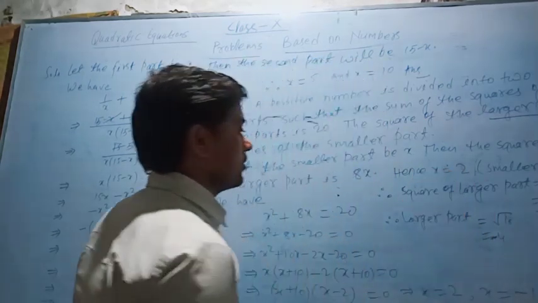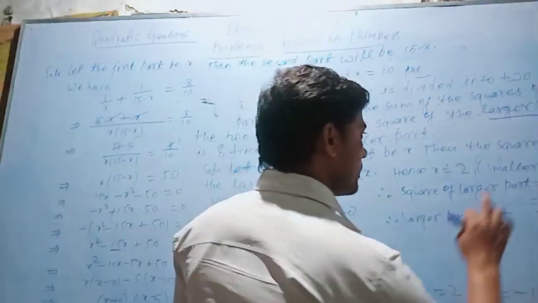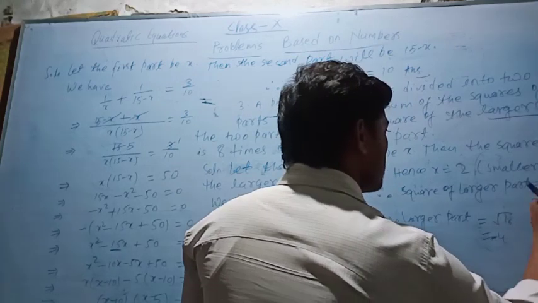So the larger part is 4 and the smaller part is 2.